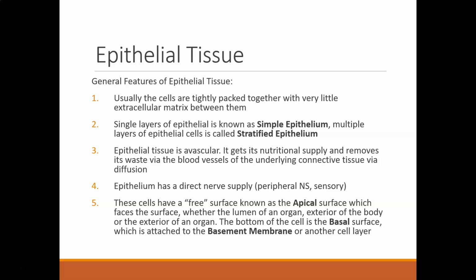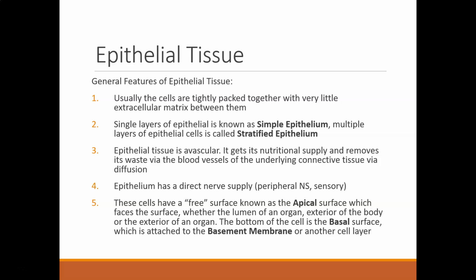That happens from the blood vessels that are found in the underlying connective tissue. Because epithelial tissue is a lining tissue, underneath it, or deep to it, we find connective tissue. So epithelial tissue is avascular. It gets its nutritional supply and removes its waste via the blood vessels of the underlying connective tissue through diffusion.